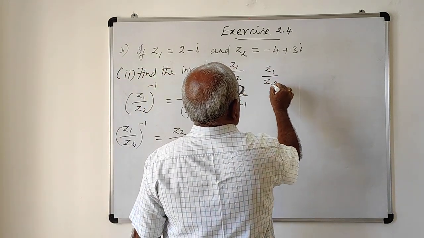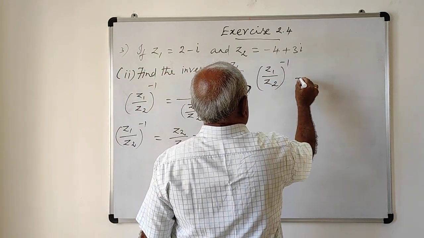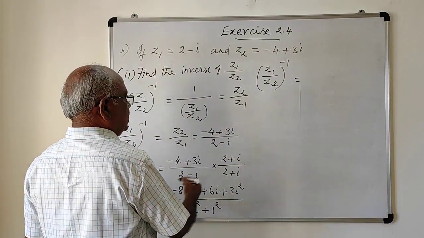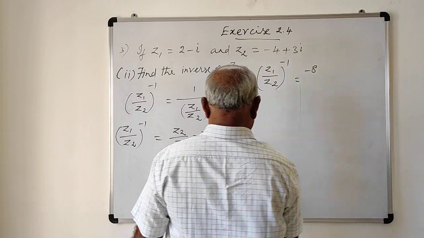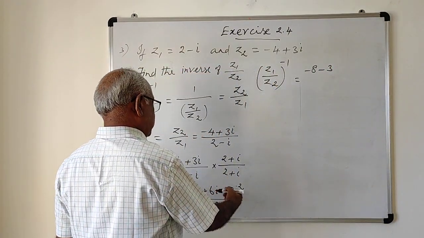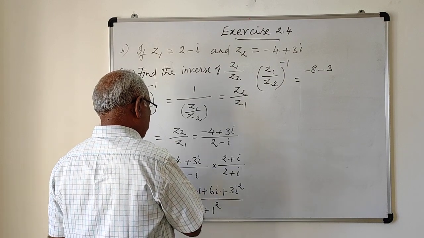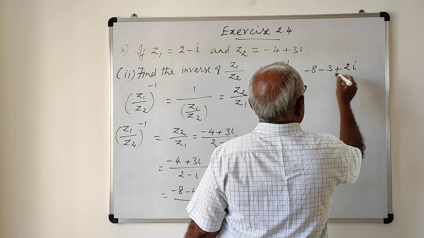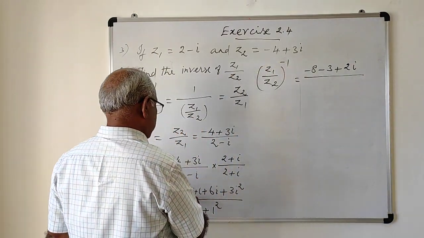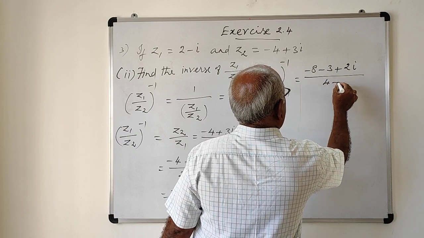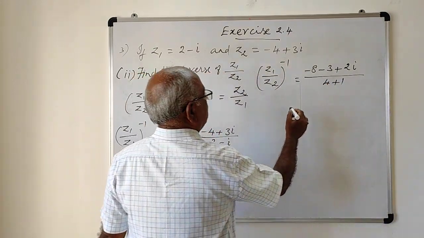Z1 by Z2 inverse is equal to numerator minus 8. i square is minus 1, so minus 3. Then 6i minus 4i is 2i, by 2 square is 4 plus 1 square is 1.